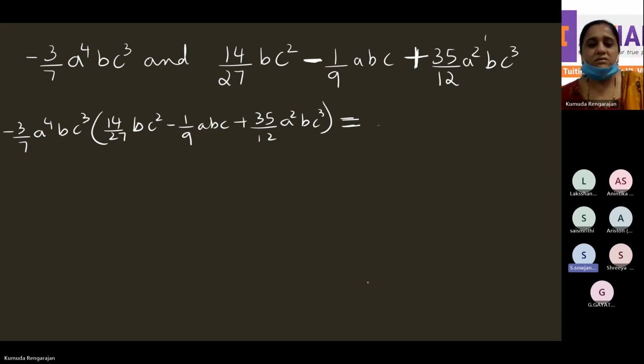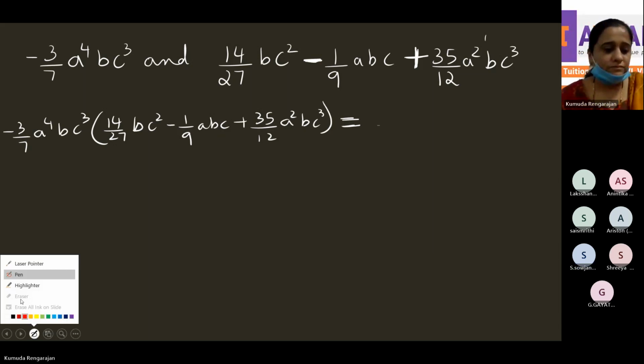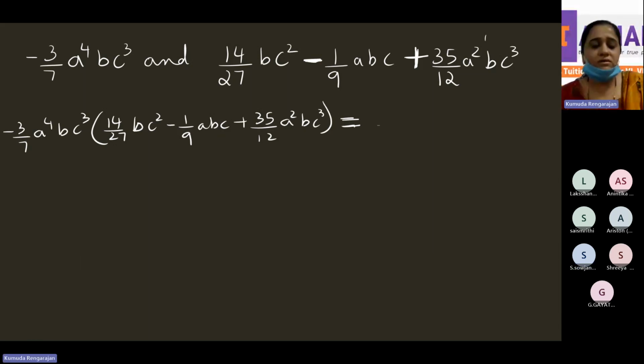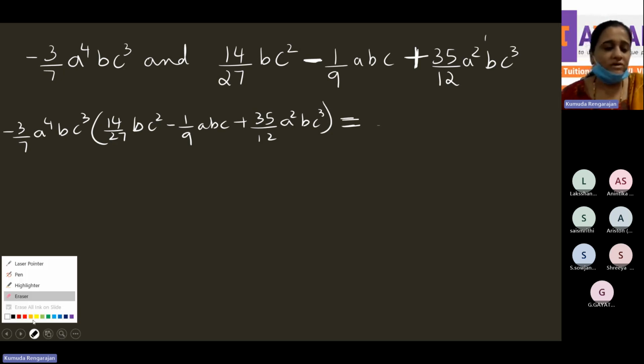And for the first one, minus 3 by 7. This is rough work, okay? Minus 3 by 7 into 14 by 27. Let me make it easier. I said I have to write it here, but there's no place, so I'm writing it below.